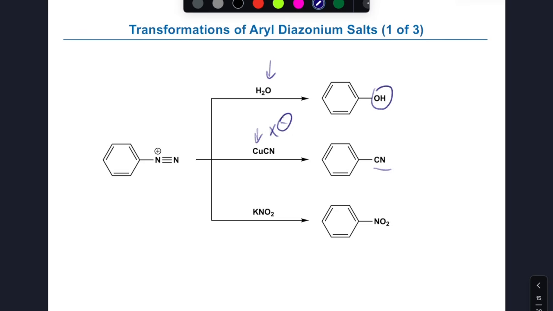You can add nitro this way too. So this is the nucleophilic addition of nitro, not the electrophilic addition. Remember, for electrophilic, you would use something like NO2 plus, which you generate from fuming nitric acid. This is an example where what we're actually adding is NO2 minus. It's a negatively charged species where your positive cation is potassium.